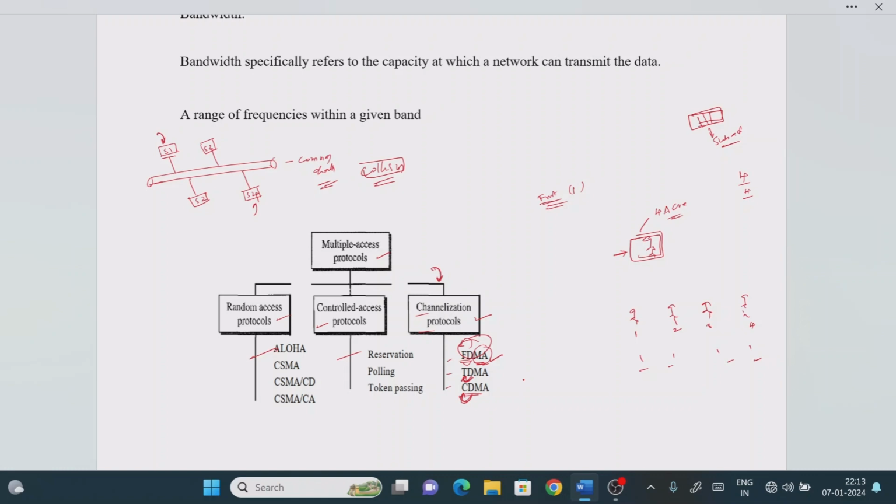If you implement something like this, that is what we call frequency division multiple access, right? Now the second methodology: the father decided that instead of giving 1 acre of land to each and every son, he doesn't want to bifurcate the 4 acres among all 4 sons.